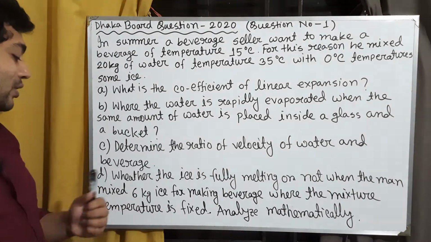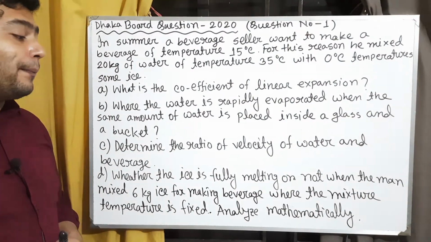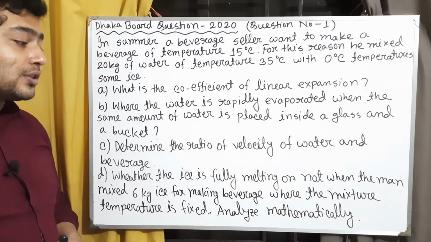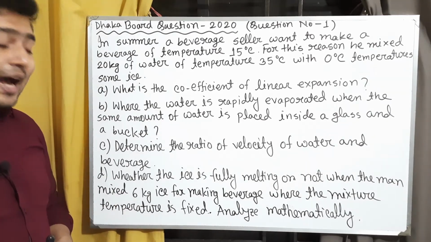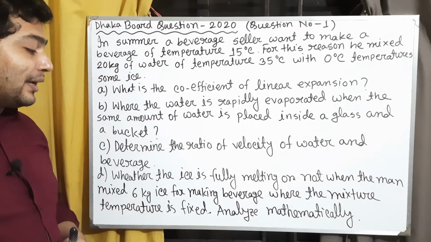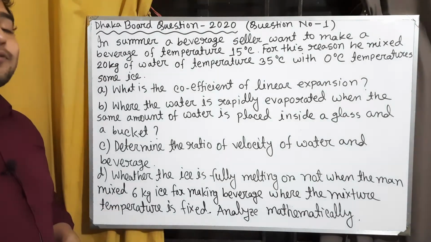Question number D: whether the ice is fully melting or not, when the man mixed 6 kg ice for making the beverage where the mixture temperature is fixed.